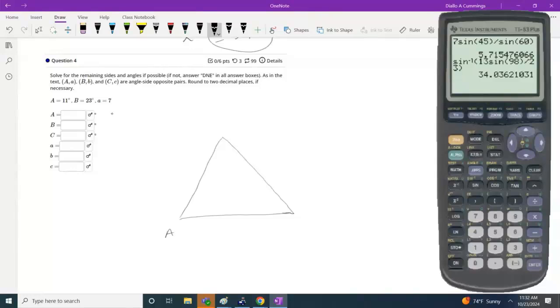I'm going to call this angle A, angle B, and angle C. I'm going to call this side A because it's opposite angle A. This is side B because it's opposite angle B. And this is side length C. Now I'm going to put in all of our values.